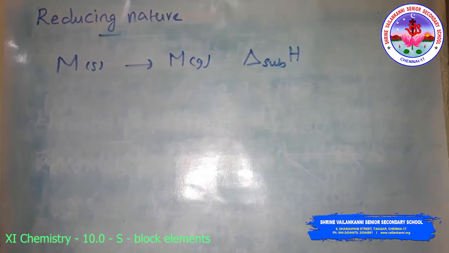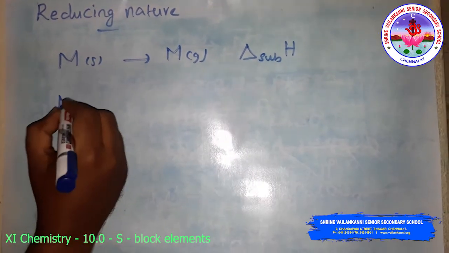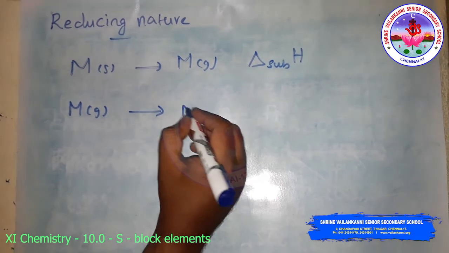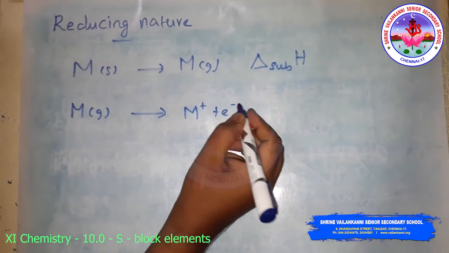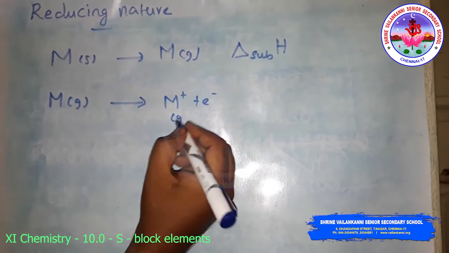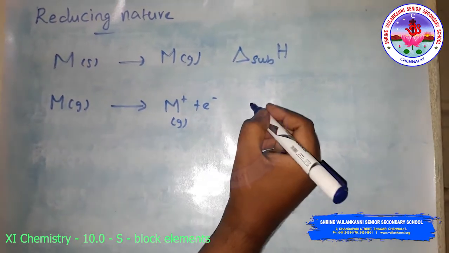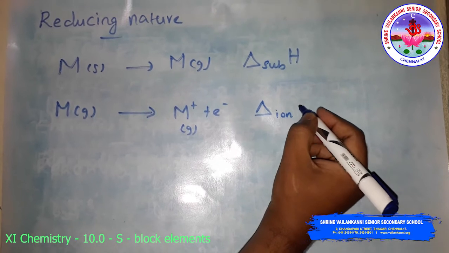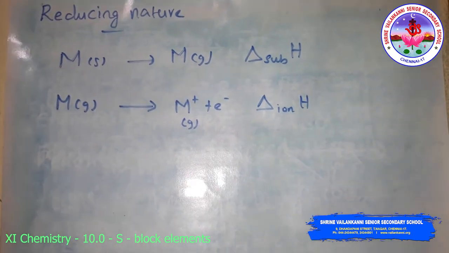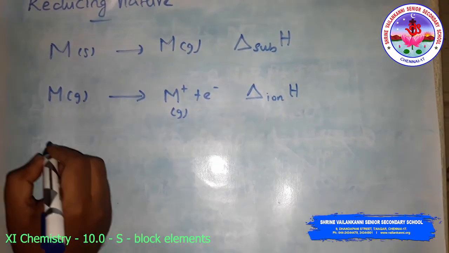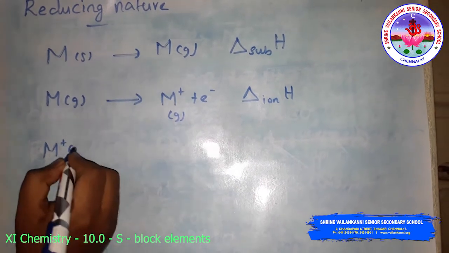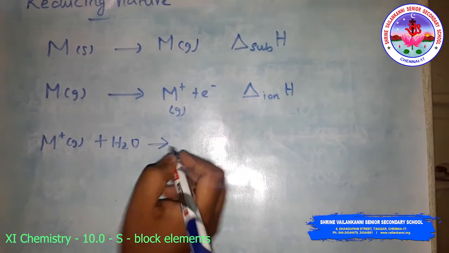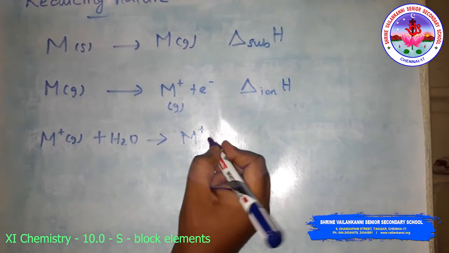Then metal gas converts to metal ion and electron loss, here also in gaseous form. This is called ionization enthalpy. Next, the metal ion reacts with water to form metal aqueous ion.